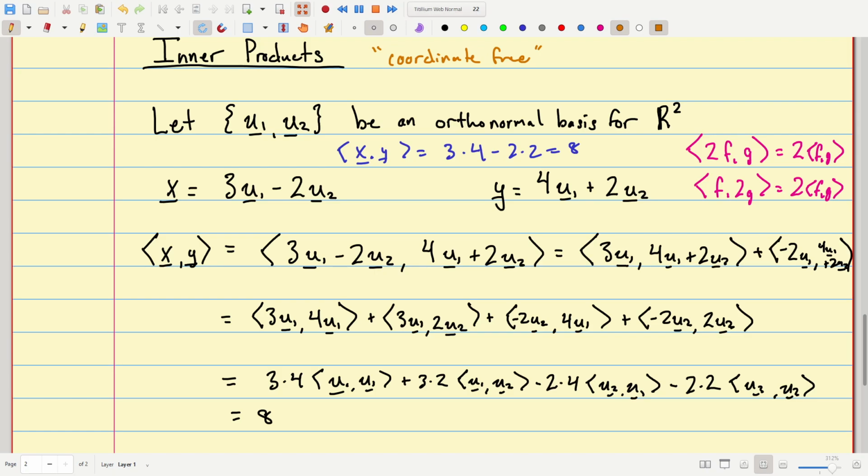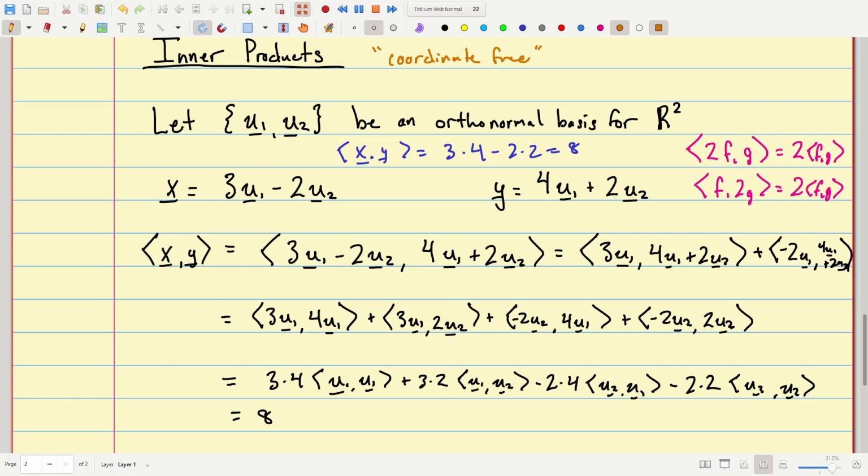Okay? It does not matter the coordinate system with which I have represented x and y in this case. The inner product of x and y is always going to be the same number. All right? If I have an orthonormal basis, that number is easy to compute because I have an orthonormal basis for Rn and I just do the dot product.